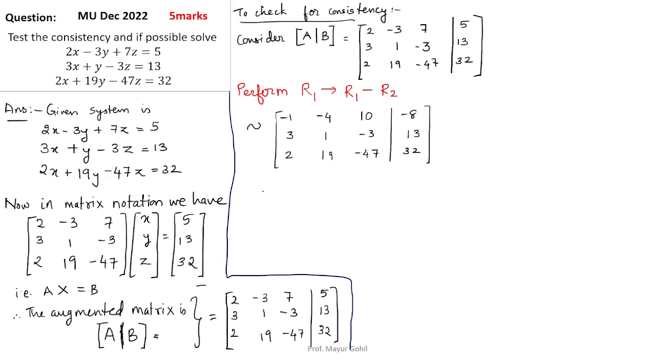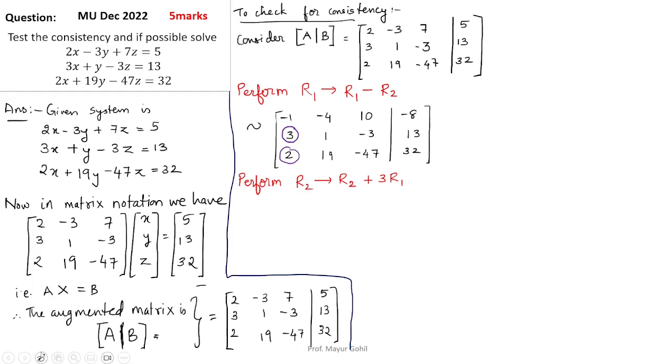Now we perform the following row operations so that we can get the rank. So perform R2 changing to R2 plus 3 times R1. Okay, because my goal is that I want to convert the following elements into 0. This one and this element I want to convert into 0.